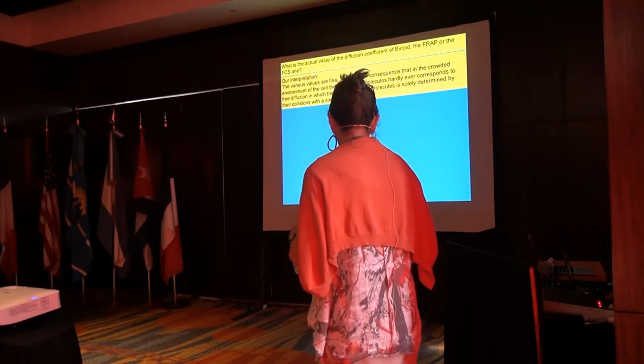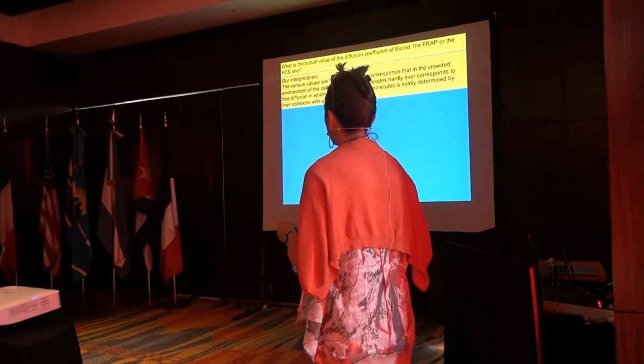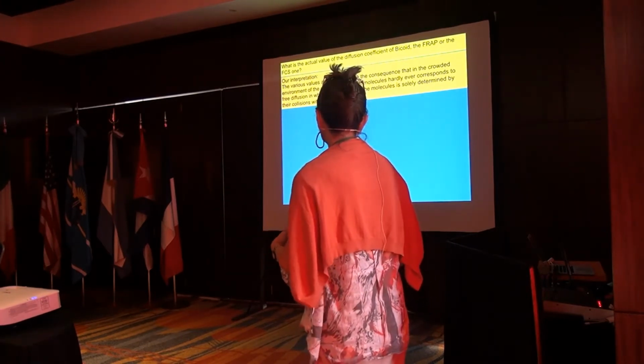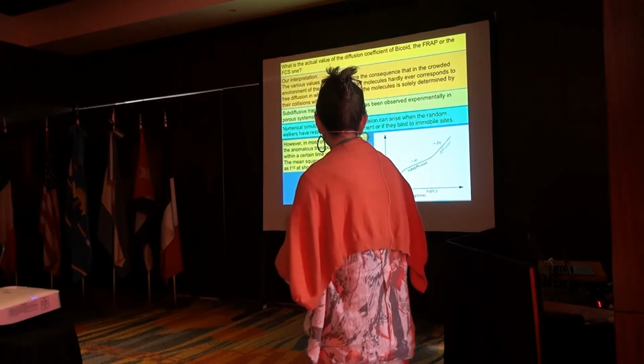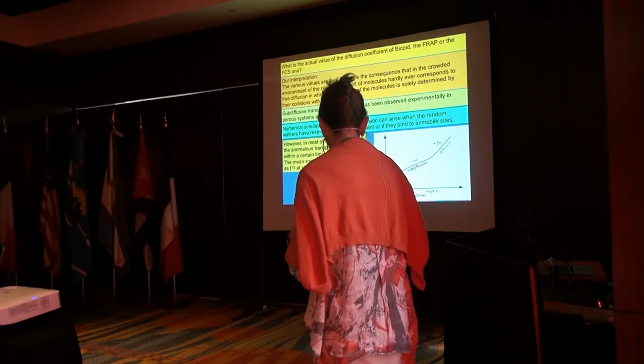Okay. So the way that we interpreted these differences is that bicoid is not diffusing freely, so it's binding to other things. So what it has is what is called an effective diffusion coefficient.